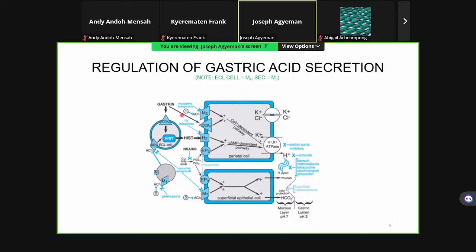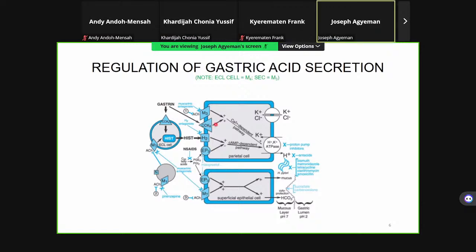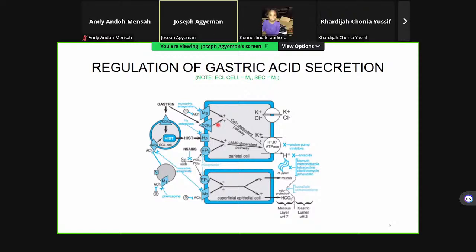So when the gastrin attacks the CCK2 receptor, several processes will go on. Some of them include the production of protein kinase C, that will further lead to the production of inositol triphosphate and diacylglycerol. Forget about diacylglycerol, but inositol triphosphate, its main effect is to cause the release of calcium from the endoplasmic reticulum. That is one of the organelles within every cell, and its main job is to store calcium.